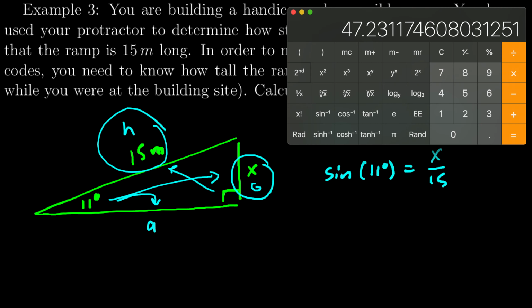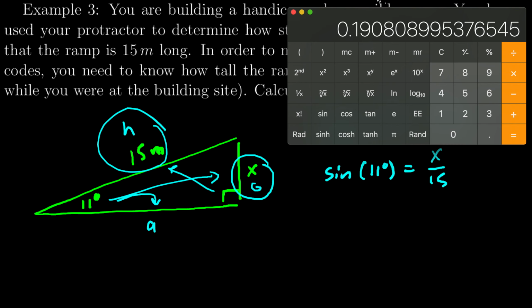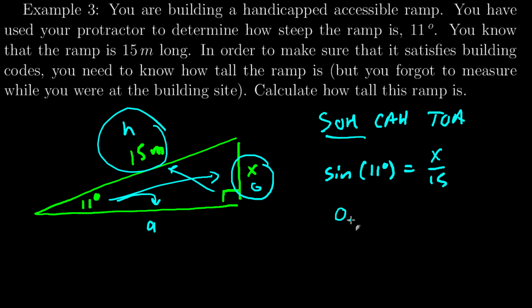I'll go to my calculator and I will type in the sine of 11. Now notice my calculator is still stuck on inverse sine, so I'll press this again. Now I can take the sine. So it's about 0.19081. And that will be approximately x over 15.